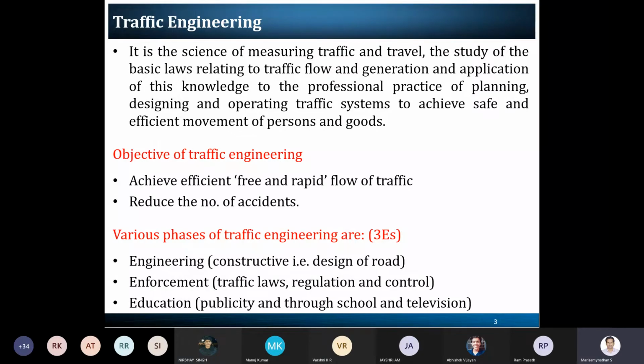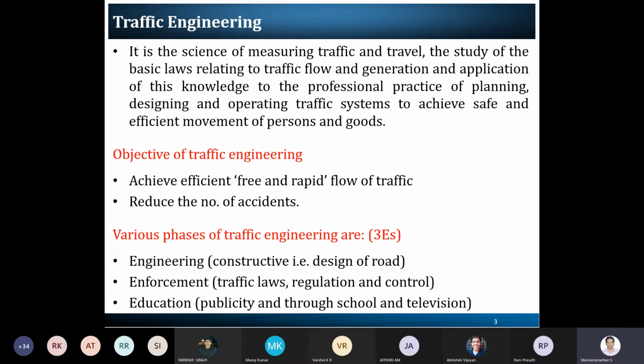These measurements will be useful to understand the traffic flow on a particular corridor, and what it will be in the future, maybe after 10 or 15 years. Once we learn the existing conditions as well as the future scenario, we can plan or design any facilities.